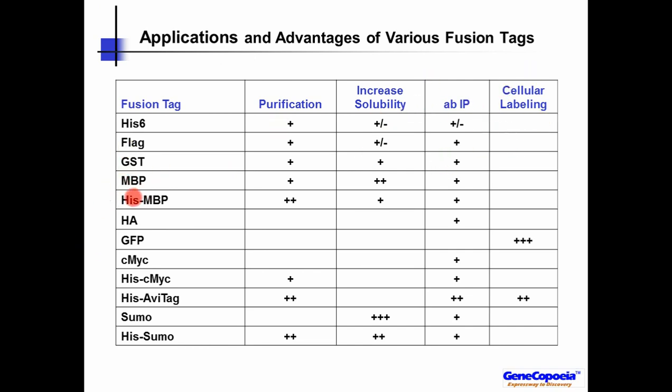However, some of our other tags are kind of the opposite, like GFP, for example, is really not so great for purification or these other applications, but it's great for cellular labeling. Further, GST and maltose binding protein are ideal for increasing solubility, as well as SUMO. So again, with a large variety of fusion tags, you can determine what your needs are and then pick the appropriate tag.